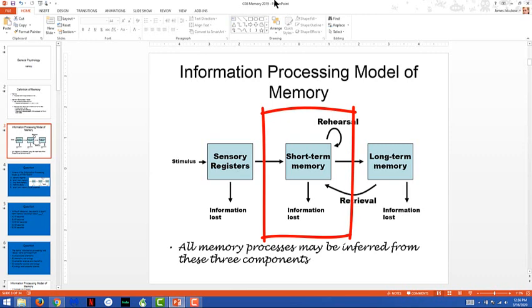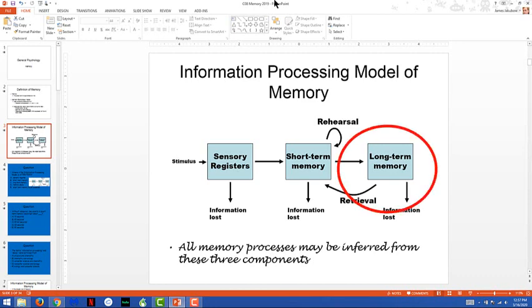Then from that center section, you'll move on to the final step of the information processing model, which is long-term memory. And then you see here on the bottom, there's a retrieval process to pull information from long-term memory back into your attention or short-term memory. Then we'll look at the way in which information flows through the entire three systems and how it coordinates to form a functioning memory system.